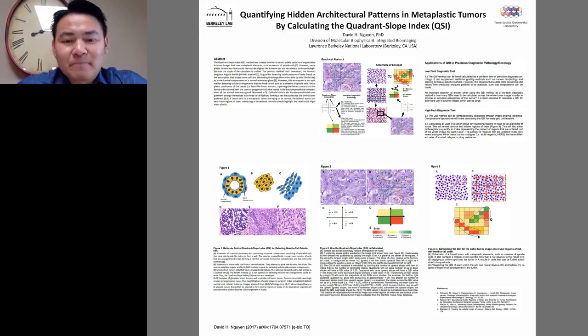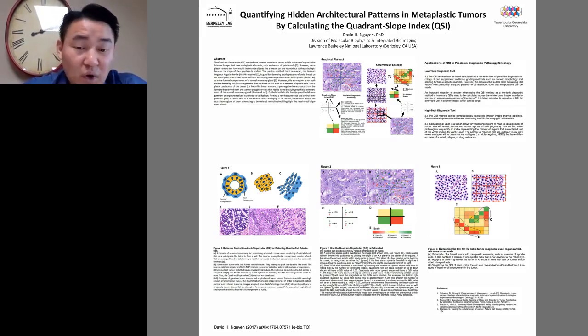So in each of these quadrants, you can count the number of upward slopes and the number of downward slopes, such that you can divide one over the other, such as in Figure 2C.